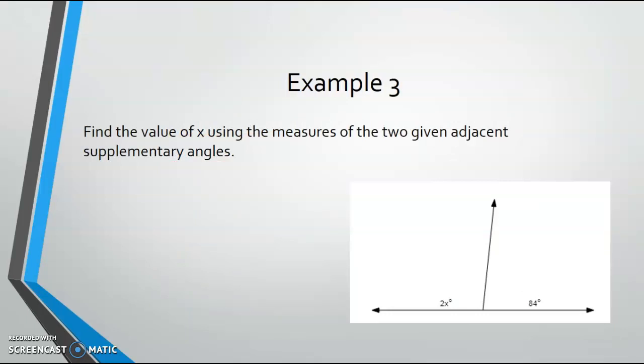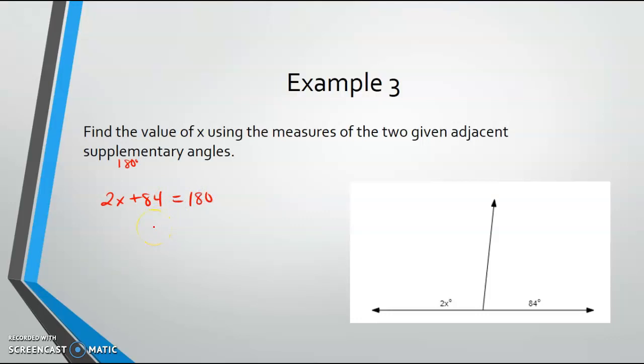Example 3, find the value of x using the measures of the two given adjacent supplementary angles. So we know that they're supplementary, so that means 180 degrees. And I know supplementary angles add, so I'm going to take 2x plus 84, and that is going to be equal to 180 degrees.